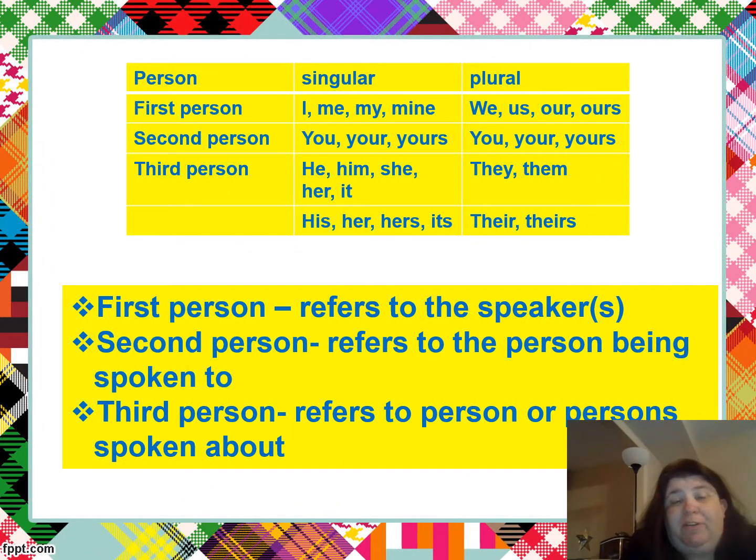We talked about how they can come in different number or gender, and so we see that they come in first person, second person, third person. They can be singular and they can be plural.